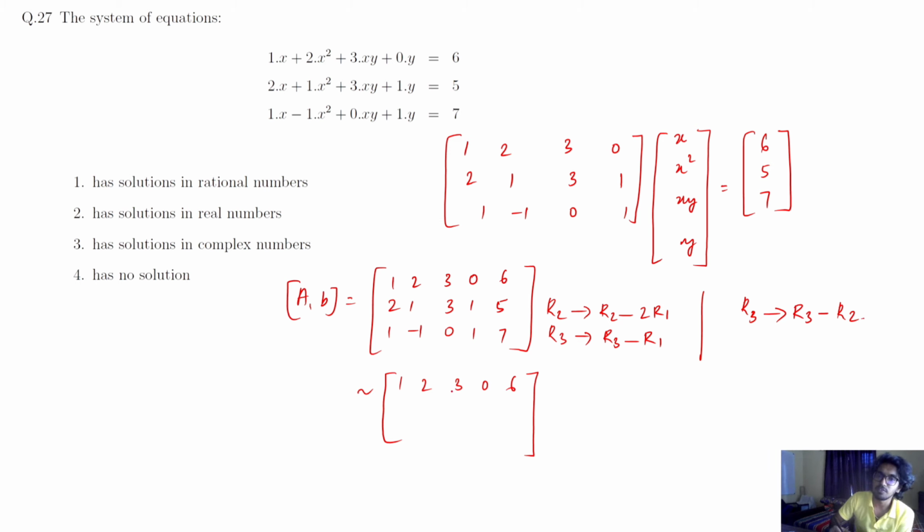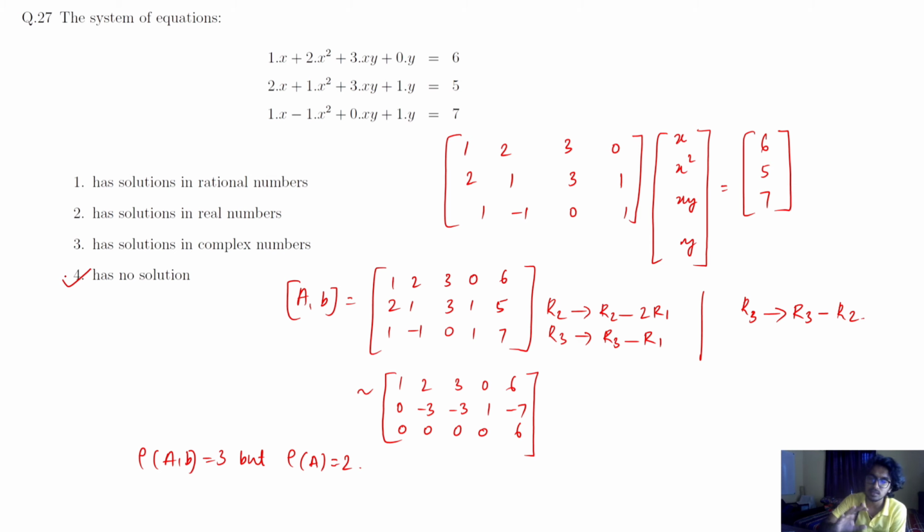After performing these elementary transformations, here your rank of AB is 3, but rank of A is 2. In this case, the system will not have any solution. That is, the system has no solution, right?